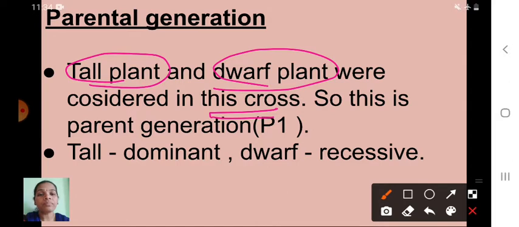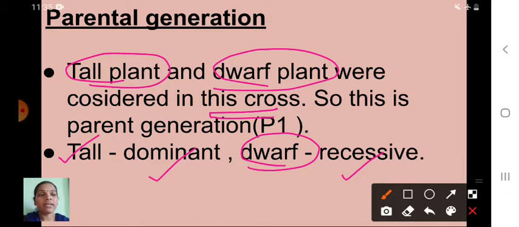Here Mendel considered that tall is dominant and dwarf is recessive. You know very well the meaning of dominant and recessive, isn't it children?